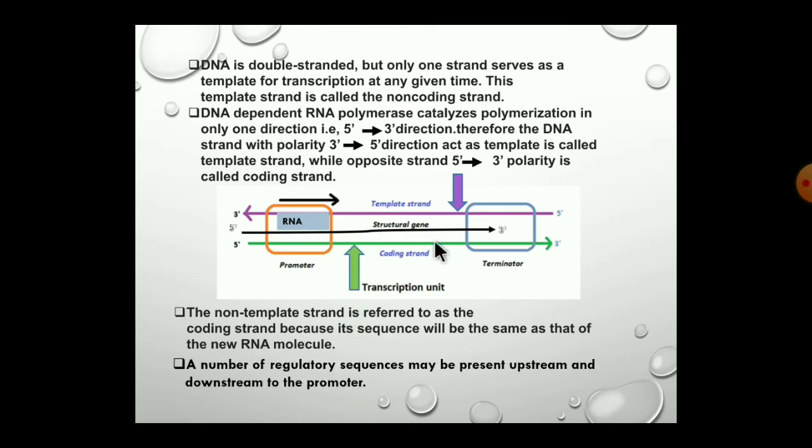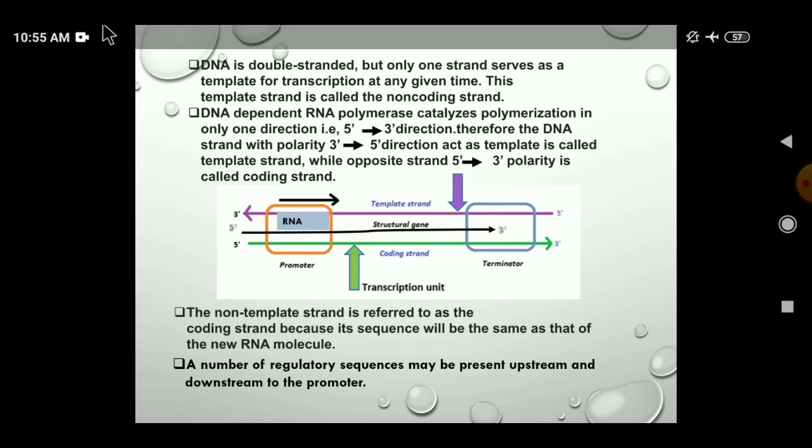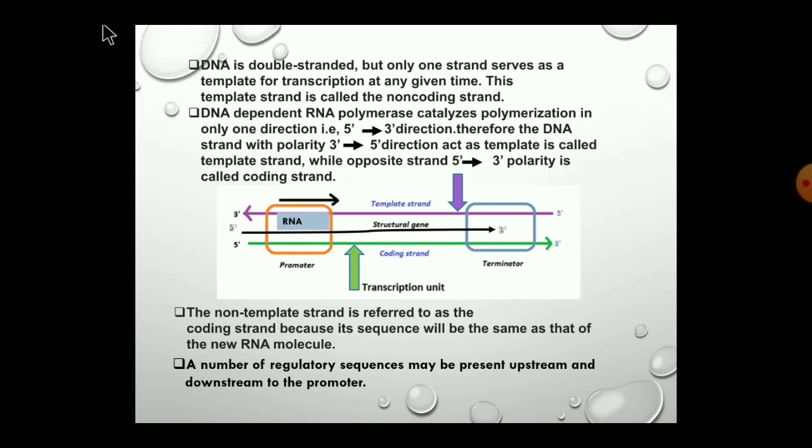Next, in between promoter and terminator, you find the structural gene, or we call it a cistron. In case of prokaryotes, it is polycistronic, whereas in case of eukaryotes, it is monocistronic.